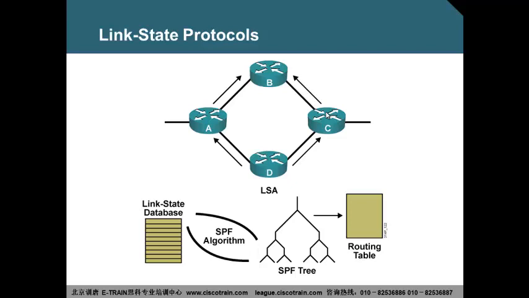Sometimes when you do summarization, they only send summary routes. Within an area, every router will say everything to all routers. Between areas, only relevant things will be sent.